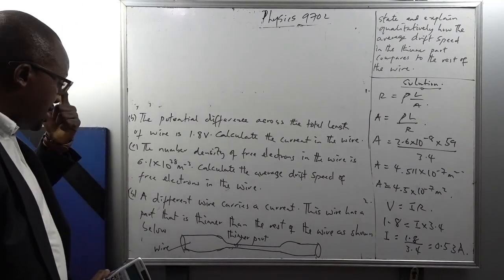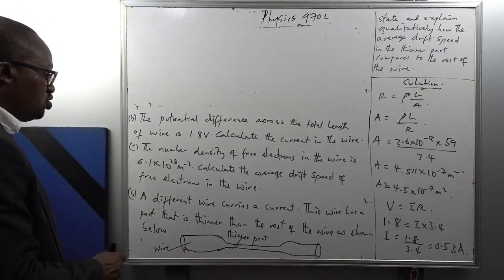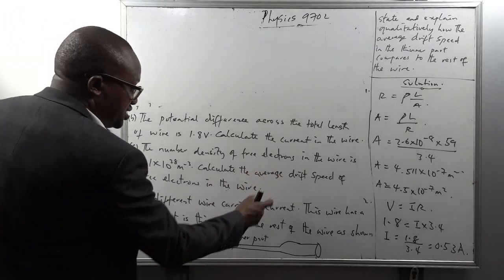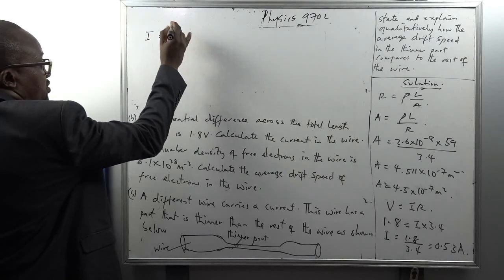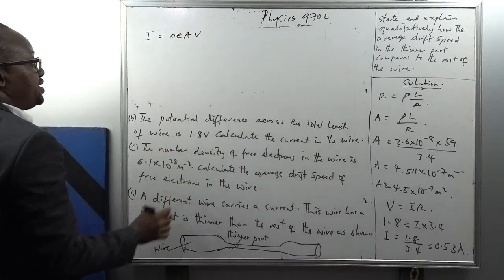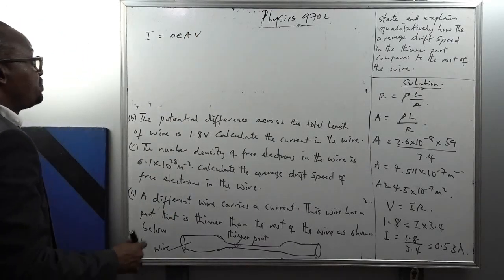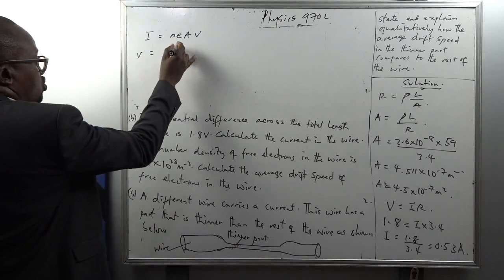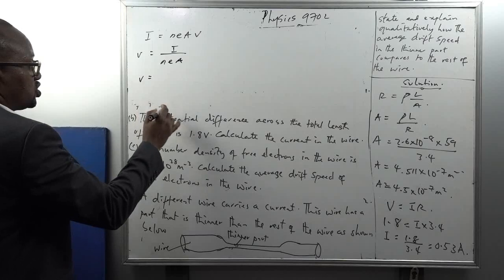Remember, how does current relate number density to drift speed? Current is equal to number density multiplied by elementary charge, cross-sectional area, multiplied by the drift speed. So the drift speed will be equal to current over nEA. So what is current there?